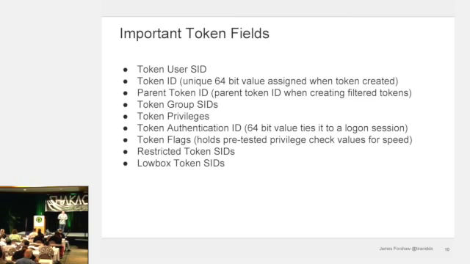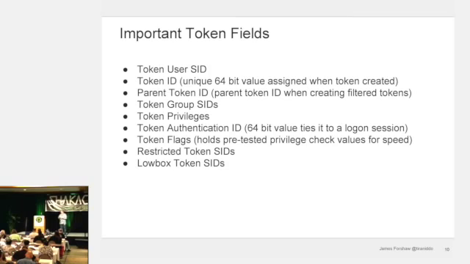Now, when you actually access this from user mode, like all kernel resources, you need a handle. You can't just say, I want to open the access token at this kernel address, because that would obviously be a massive security flaw. So instead, the kernel hands you back an opaque handle, which you can then use to reference it using the various system calls.